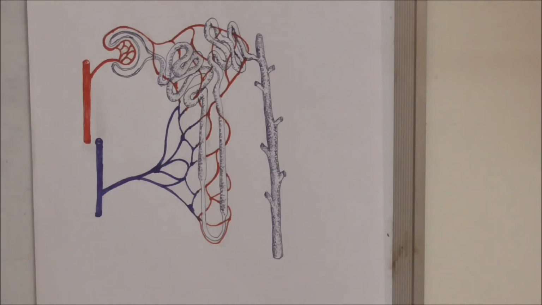Now, as could be seen, the renal artery sends in a branch towards each Bowman's capsule. So, if I say that there are about 1.3 million nephrons in the kidney, the renal artery would be giving out 1.3 million branches into it. So every Bowman's capsule receives a branch of the renal artery.